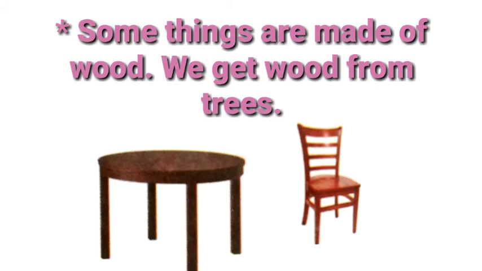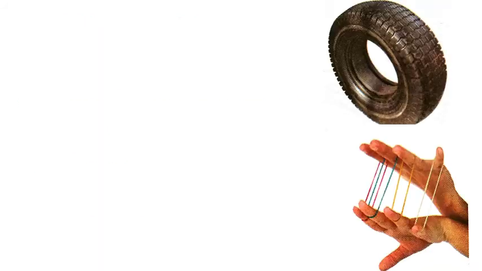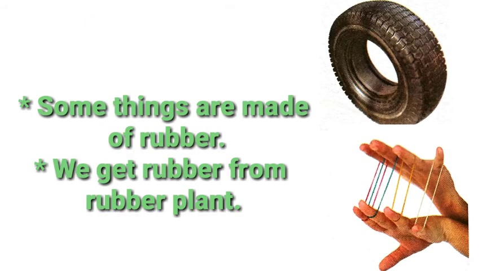Now next, some things are made of wood. We get wood from the trees, means we get wood from a natural source, because a tree is a natural thing that is not made by humans.